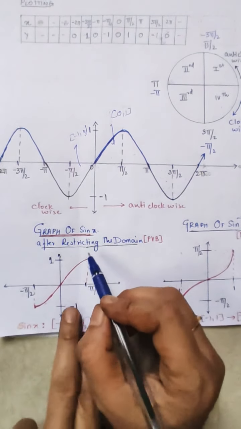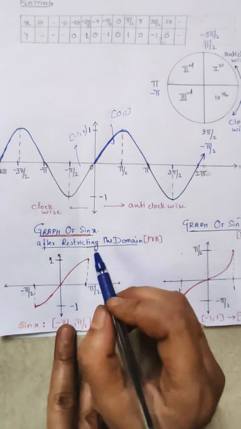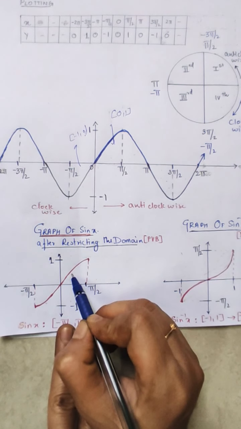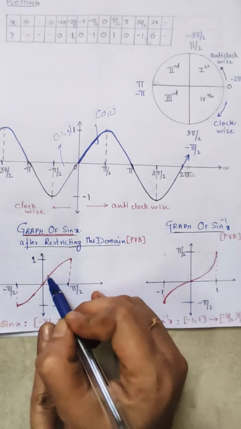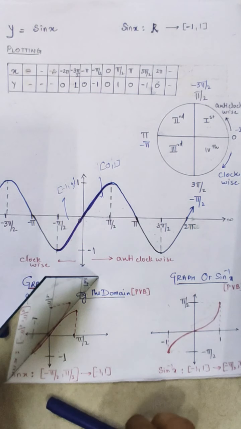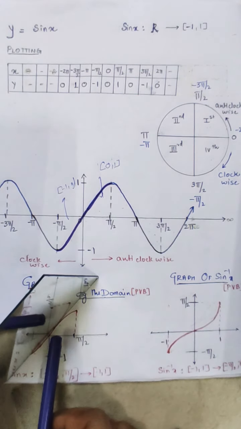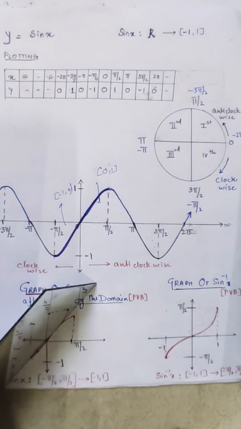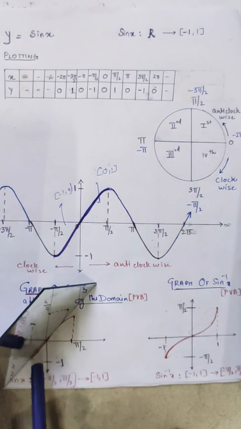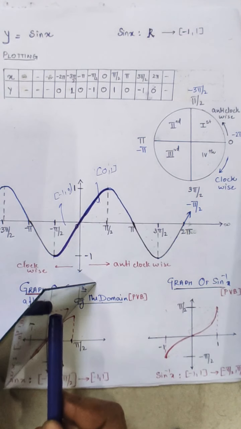Now children, the inverse of any function is actually the mirror image of the original graph. I will show you how the mirror image appears. Now look students, here I have taken the mirror and you can see the reflection of -1 in the mirror, and pi by 2 also in the mirror.